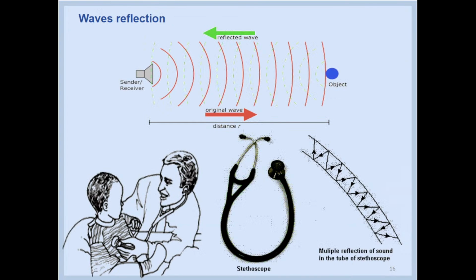And look, you can see an example where these physics phenomena, such as reflection, in particular total internal reflection, are implemented. It is the stethoscope. To do what? To auscultate.